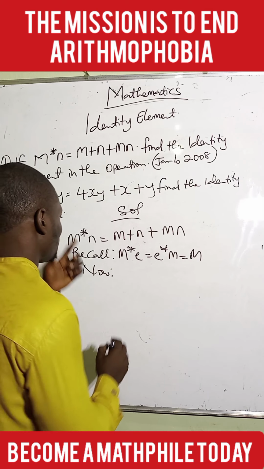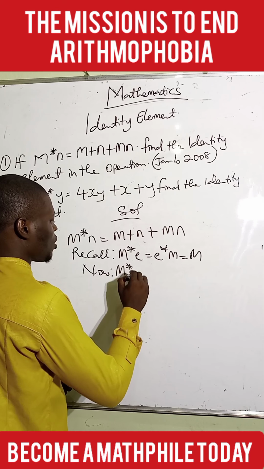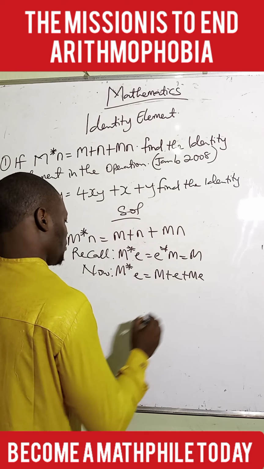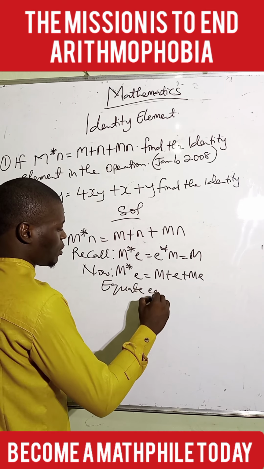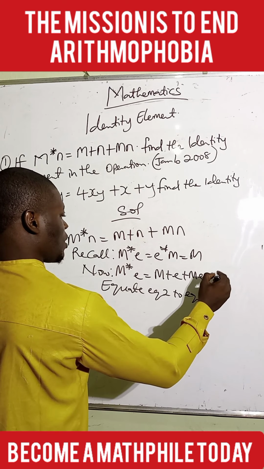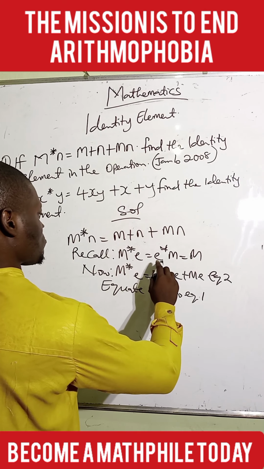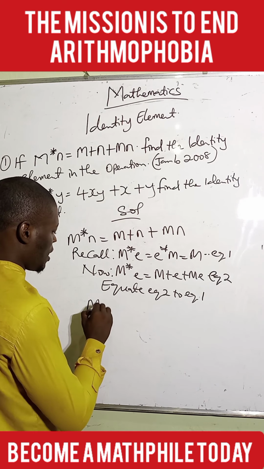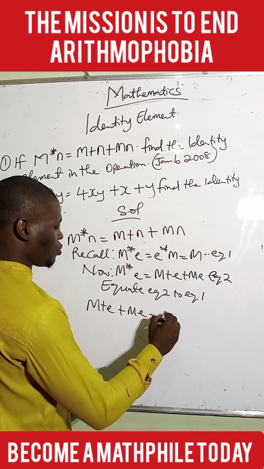Now we are going to reflect this identity in the equation, and we will have m operation E equal to m plus E plus mE. Now is the time to equate equation 2 to equation 1. Here is our equation 2, and here is equation 1. And this means m plus E plus mE equal to m.